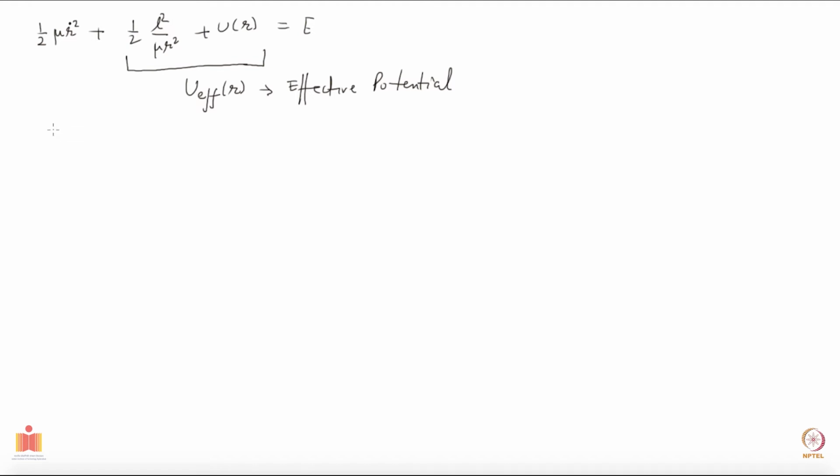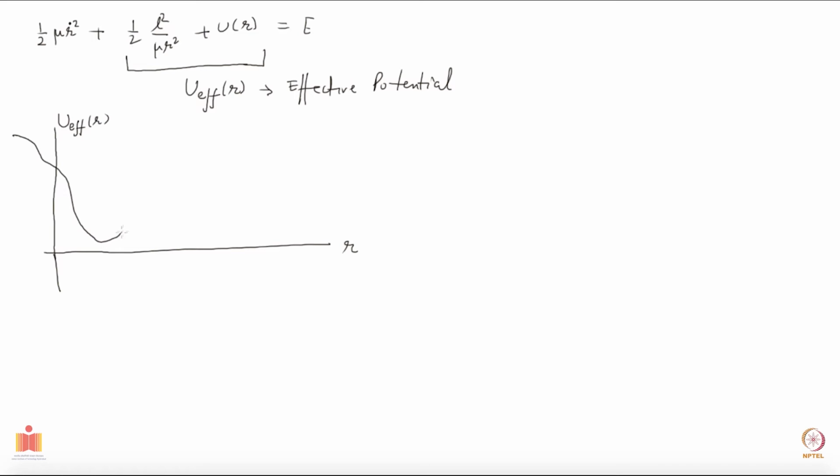We remember last time when we were talking about a one-dimensional system, we plotted U of r. Now in this case, we have U effective of r, and here you have r. In general, your potential could be anything like this. That's the most general thing that can happen.